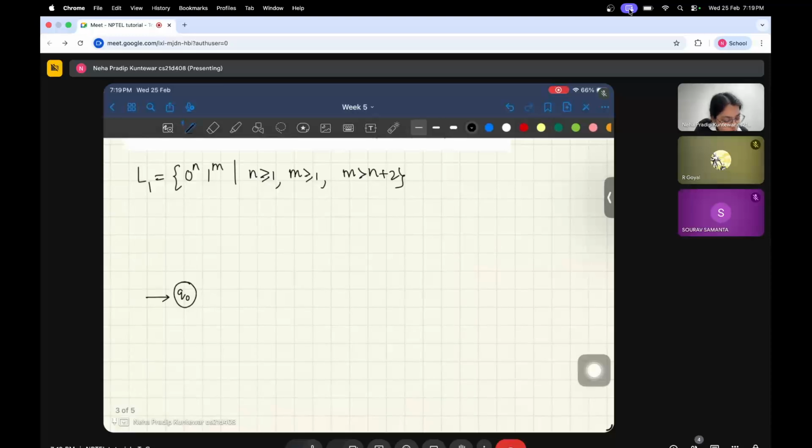So if you are at Q0 and initially it's Z0, can we write this notation like 0 comma Z naught slash 0 Z naught, and that will imply that 0 has been pushed into the stack?